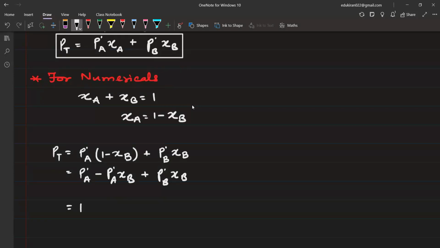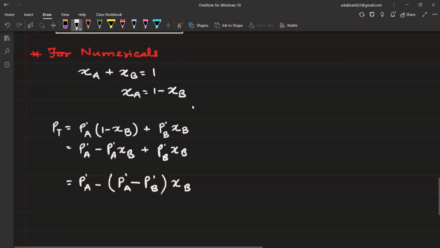So I can write this as P naught A minus (P naught A minus P naught B) into chi B. Okay, so this is one expression that you can write.